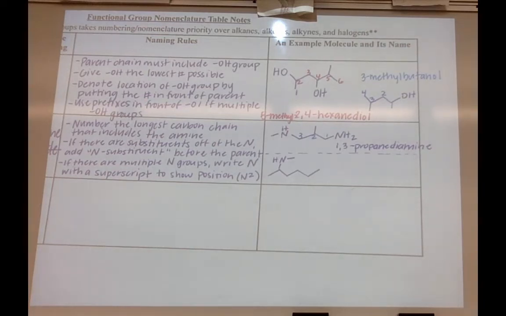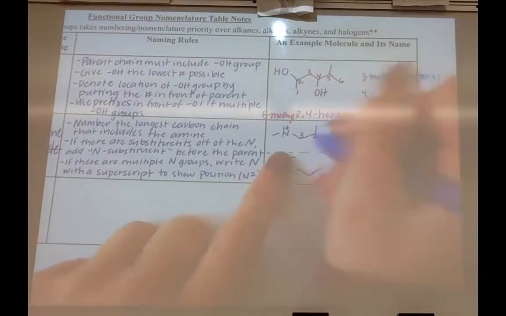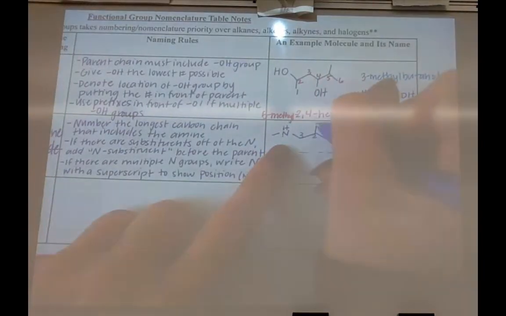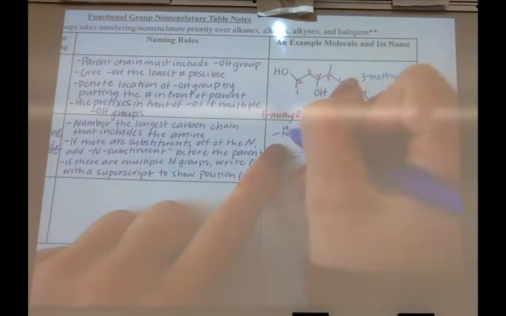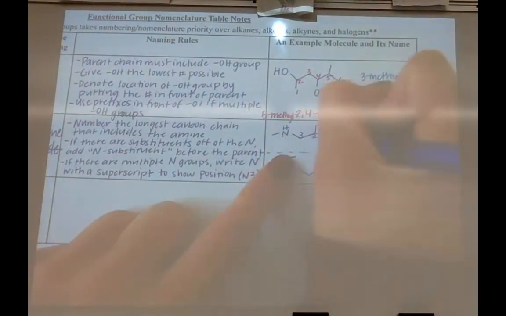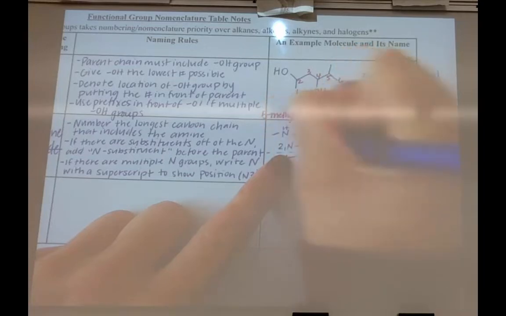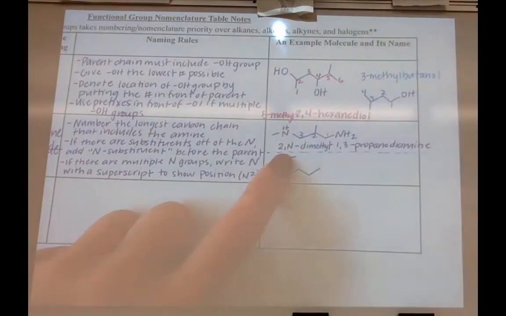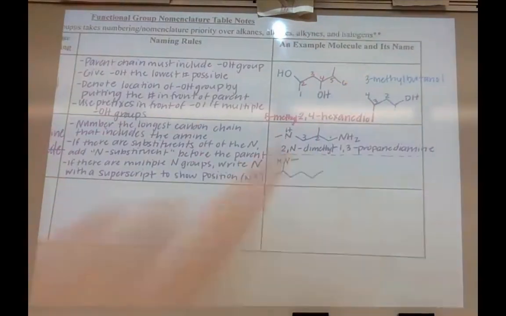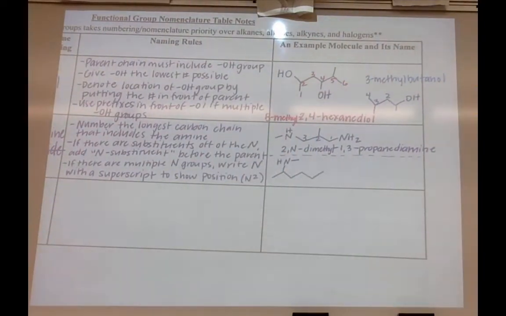Now, in this case, we're not going to have 2 numbers. We're going to have a number and a letter. The way that we would actually number this would be 2,N-dimethyl-1,3-propane diamine.